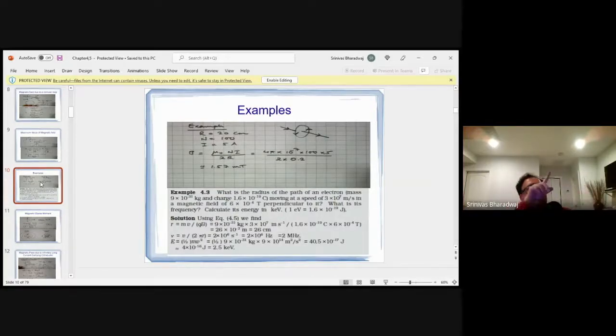So you have I times dL cross B. Only thing is, if you had a square loop kept in a magnetic field, I times L cross B will cause it to rotate. And that is the basis of this wonderful thing you call the fan, or the wonderful thing you call the motor.